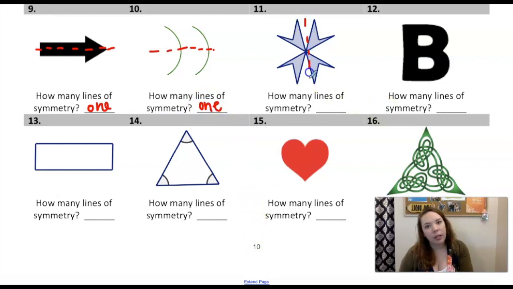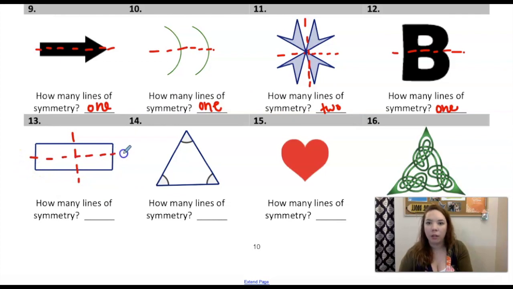Here, I think I could fold it in half and that would match up. And I could fold it in half again. So I'm going to say 2 lines of symmetry. For our B, I think we could do in half, but that's the only one I see. So I'm going to say 1. Our rectangle, we could do in half vertically and horizontally, I believe, for 2.